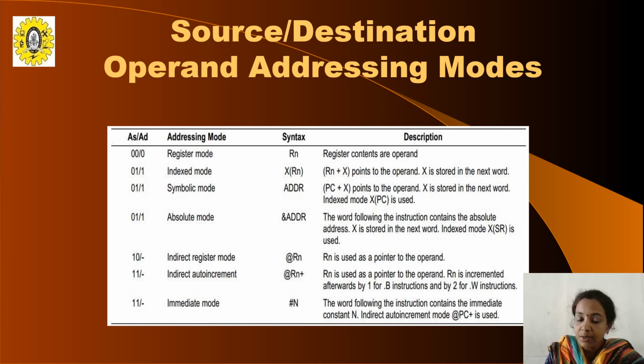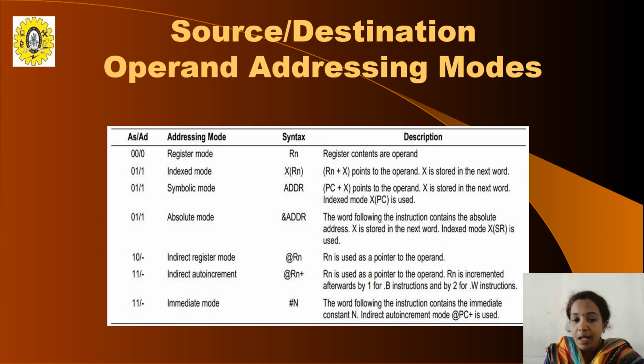Indexed mode X of PC is used. So absolute mode is the next addressing mode, which is nothing but ADD &ADDR. The word following the instruction contains the absolute address. X is stored in the next word. Indexed mode X of SR is used.